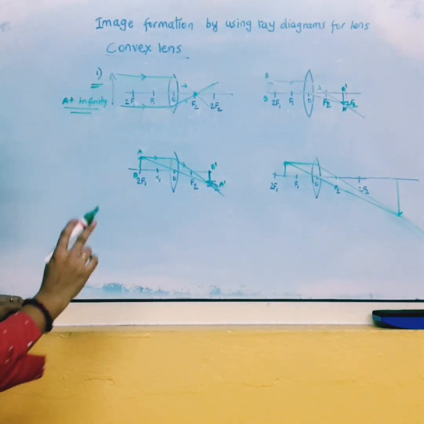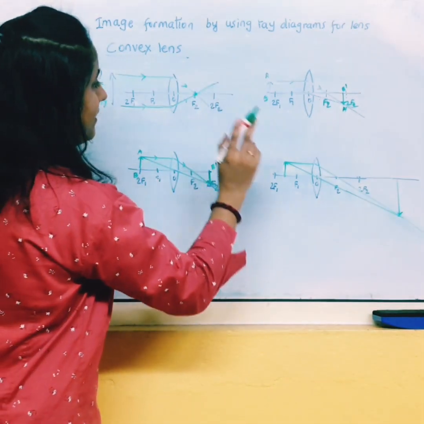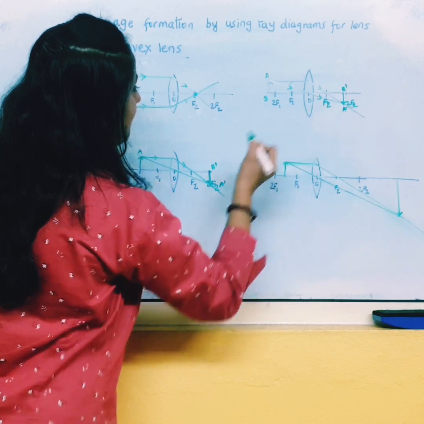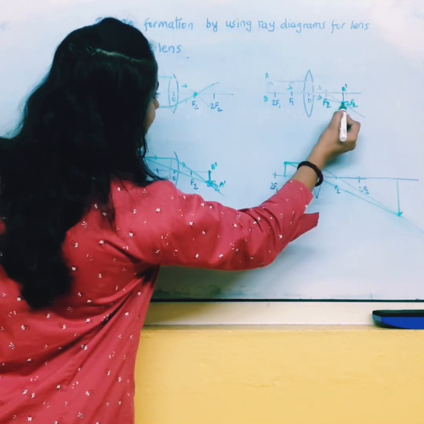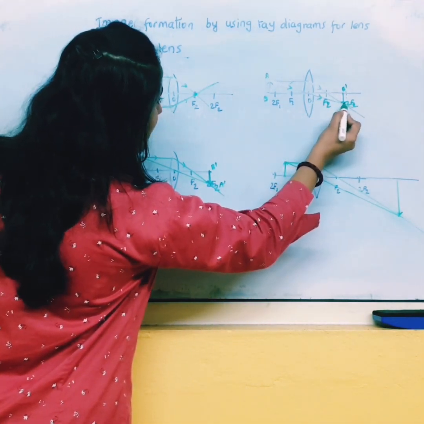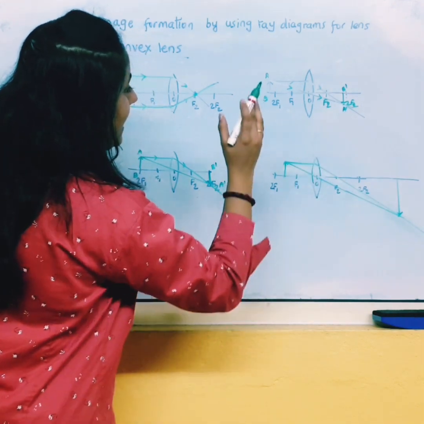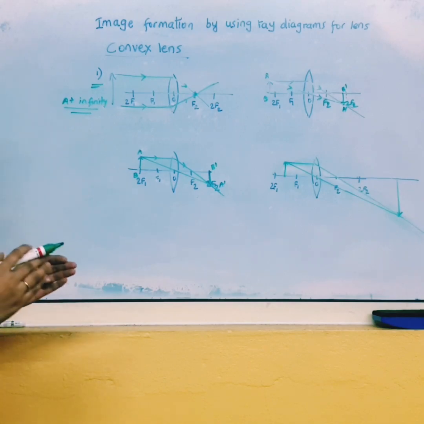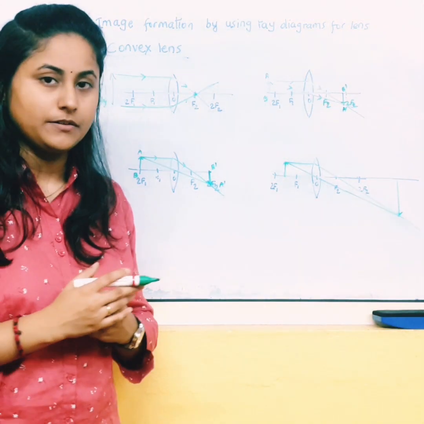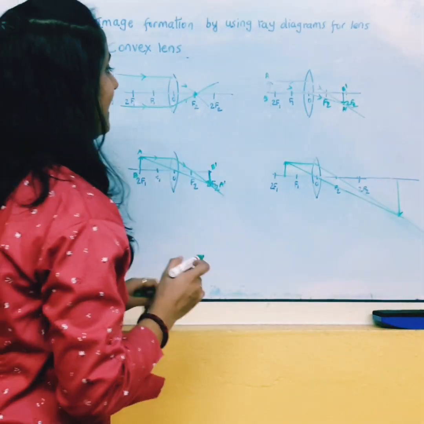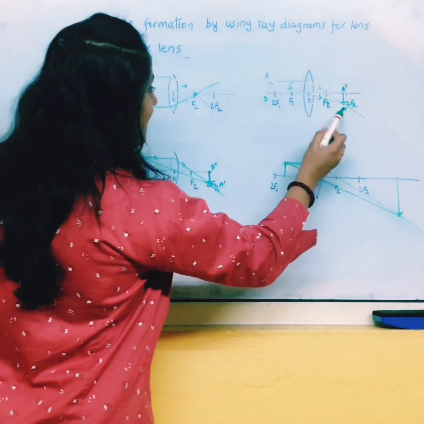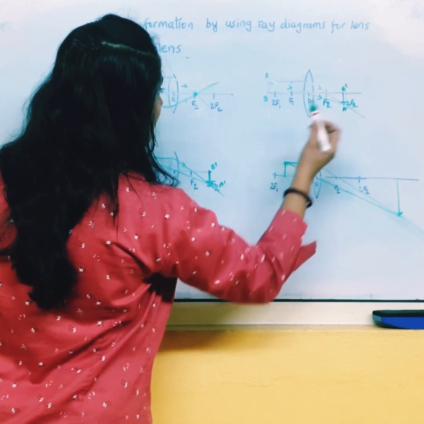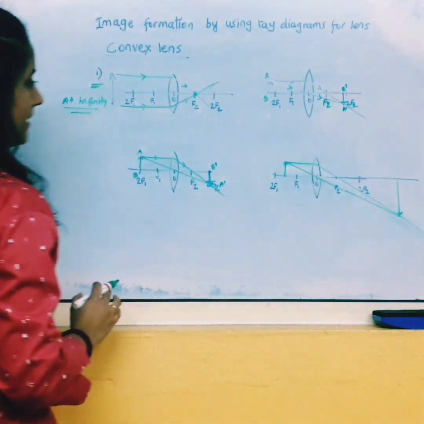When the ray of light passes through the optical center, it will emerge without any deviation. So both the rays after refraction are meeting at this point, which is between f2 and 2f2, the same as between C and F in case of a concave mirror. So this is the second case, where the image is diminished, located between f2 and 2f2, and is real and inverted.